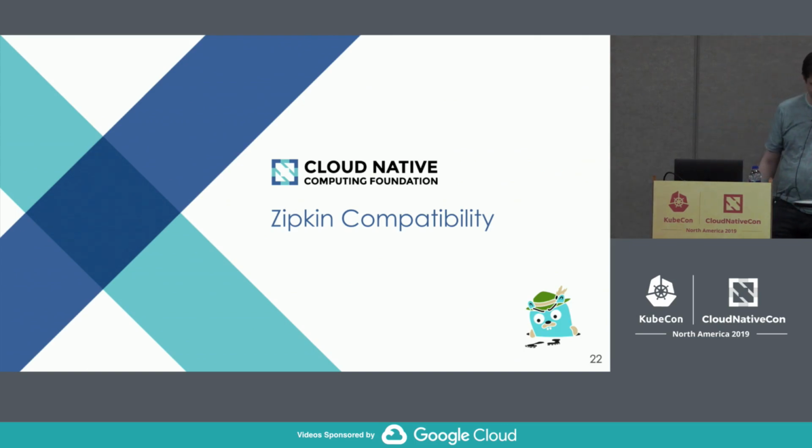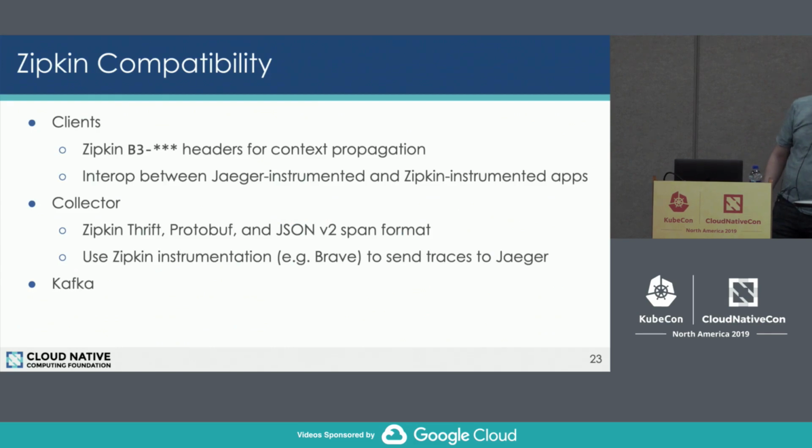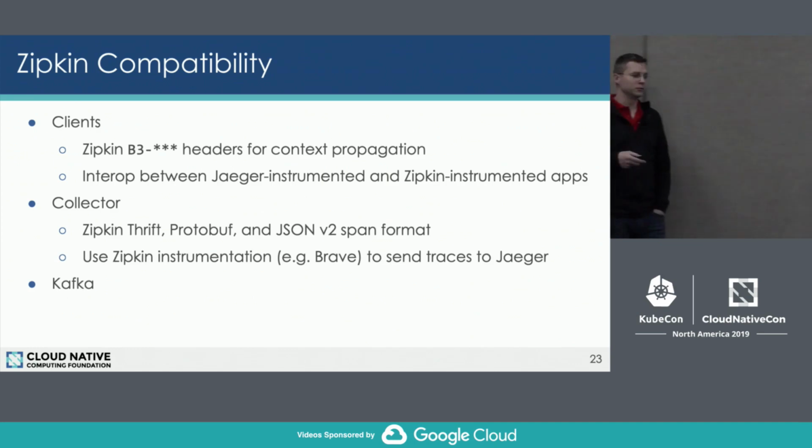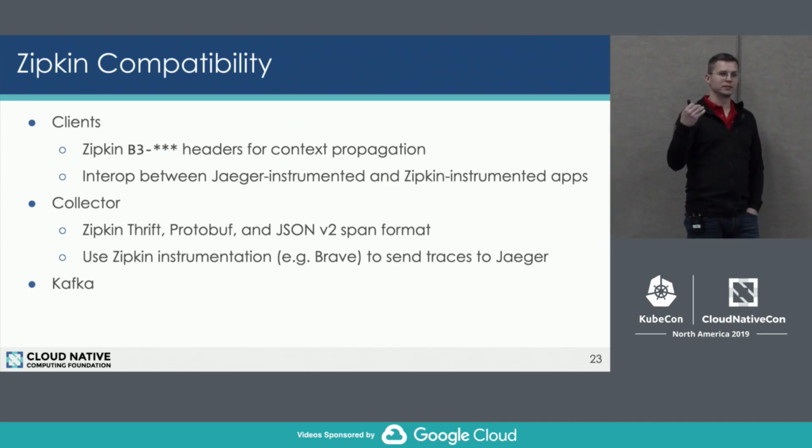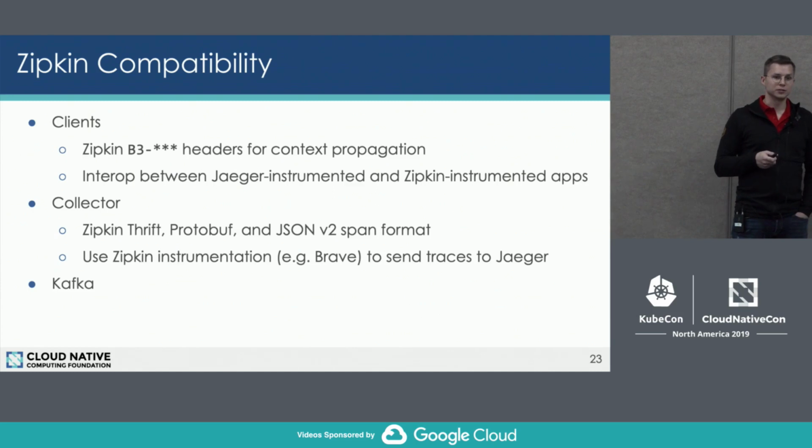Yeah. So Jaeger can receive data in Zipkin format. You can just redirect all the data from Zipkin clients to the Jaeger collector. It can receive the Thrift, the protobuf, and the JSON in version 2 format.